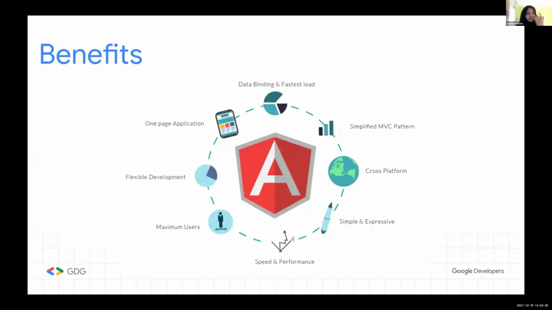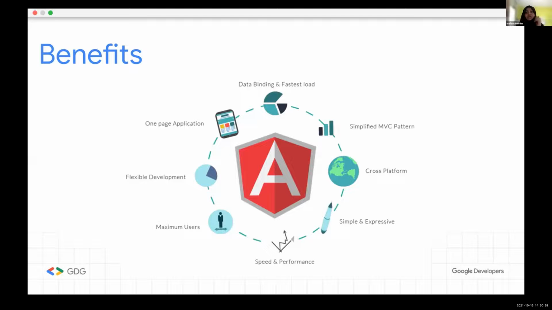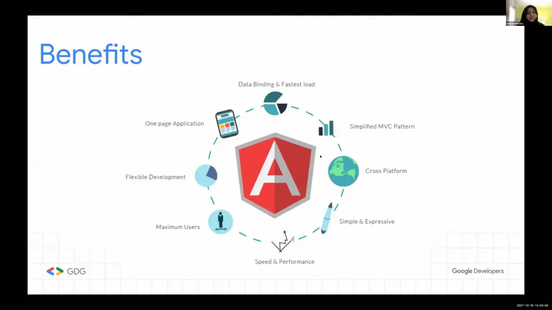If you're used to design patterns, MVC, model view controller, is a pattern that traditional Java frameworks use, and that's one way of structuring apps. Angular makes use of this MVC pattern and leverages on top of that. It's very cross-platform, simple and expressive.